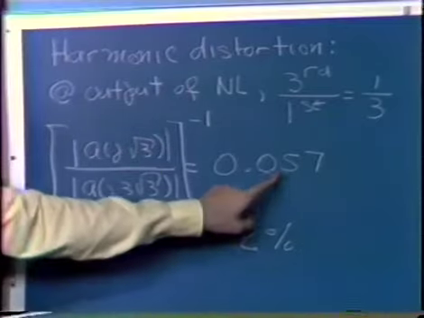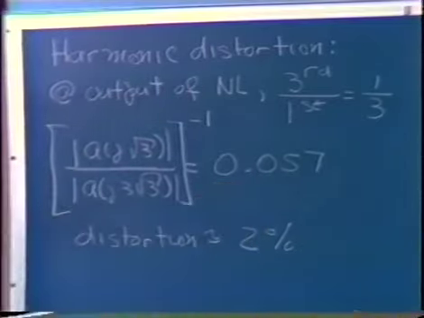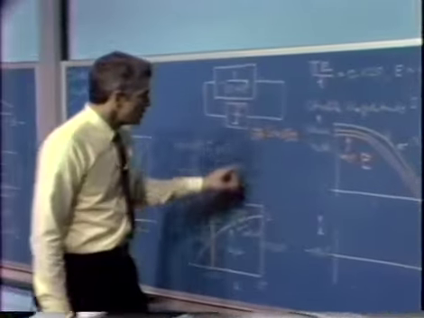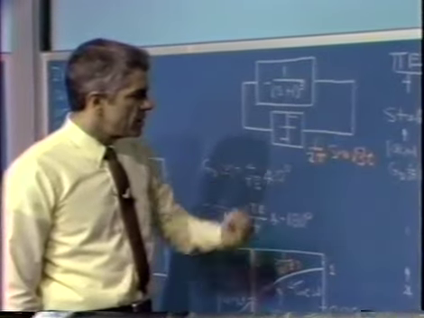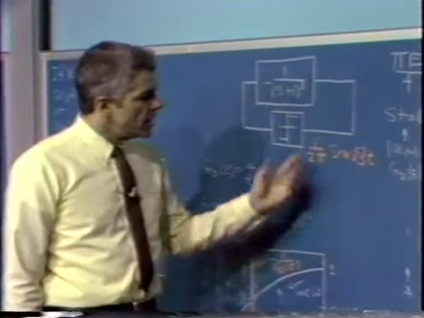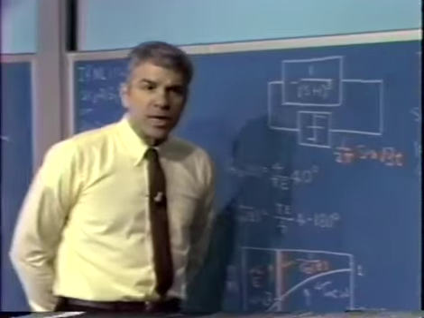The ratio 0.057 divided by 3. So we'd have about 2% third harmonic content in the signal at this point. Higher harmonics are attenuated even further.